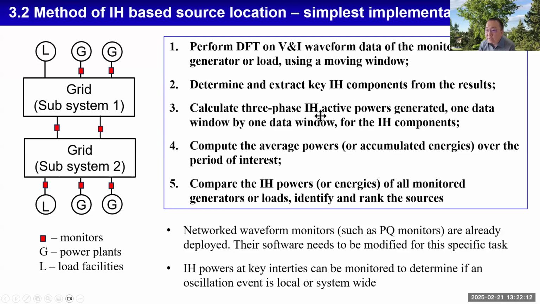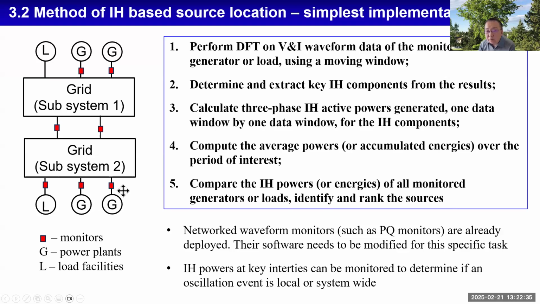Then calculate the three-phase interharmonic active powers generated, one data window by one data window. Then you can compute the average powers or accumulated energy, which are essentially the same, over the period of interest. Then compare the interharmonic powers for the same period and rank the sources.